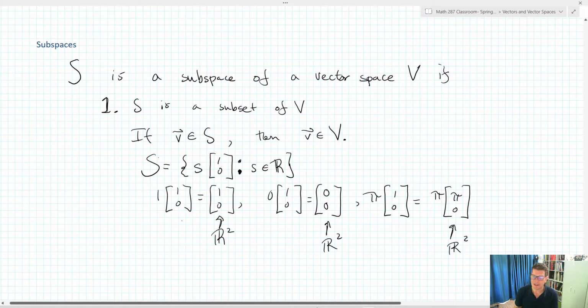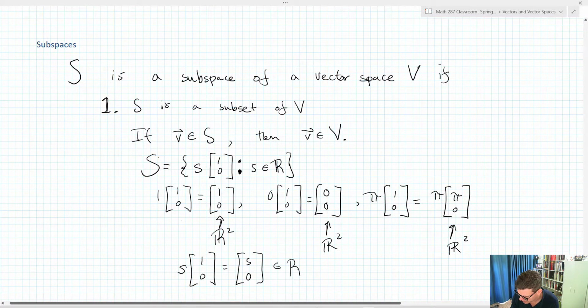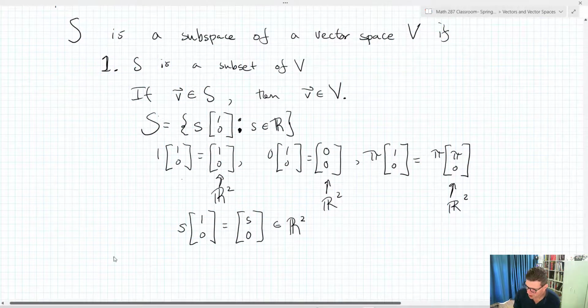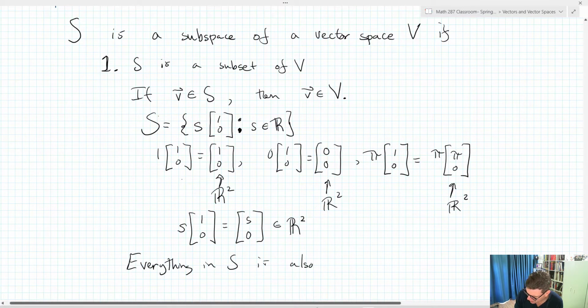And you can imagine that if I took just s times (1, 0), this ends up equaling (s, 0). And since s belongs to the reals, (s, 0) also belongs to R2. So everything in S, everything in that set, is also in R2.